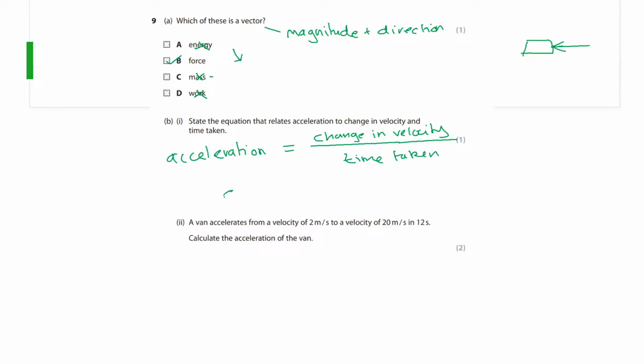We're going to be even more precise: change in velocity, so V minus U, over T. V is the final speed or the end speed, and U is the starting or initial speed.